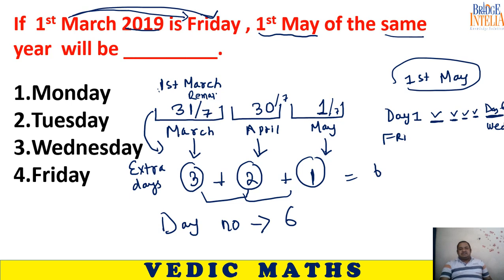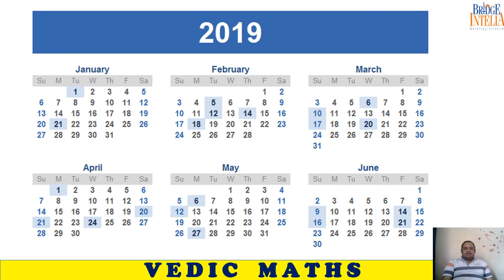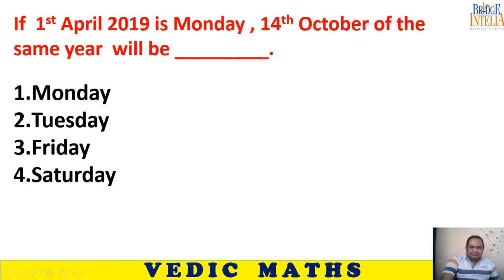So day number 6 is Wednesday. So 1st May 2019 is Wednesday. Let us verify using the calendar. 1st May 2019, from the calendar also you can verify.